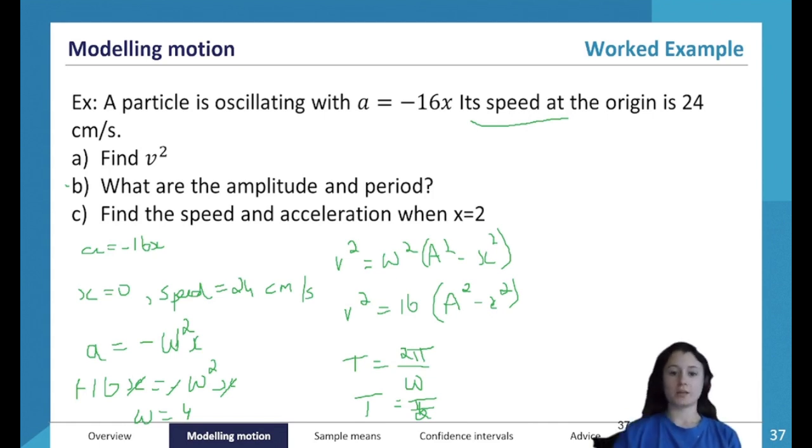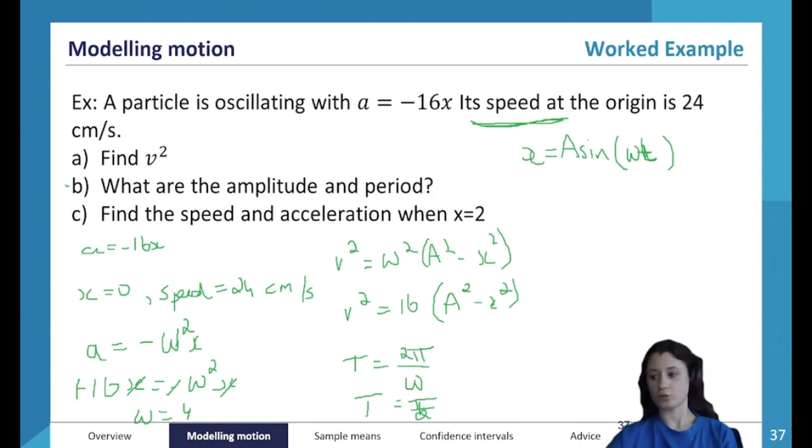So let's have a go with x equals a sine of angular velocity times t plus the phase shift. We don't need the phase shift here, so we can just leave that out. So we know that its speed at the origin is equal to 24 centimeters per second.